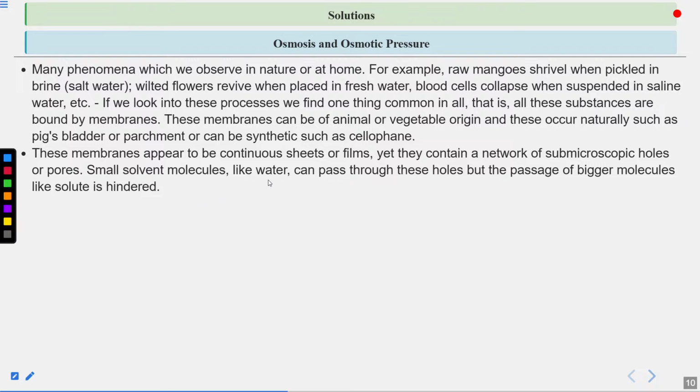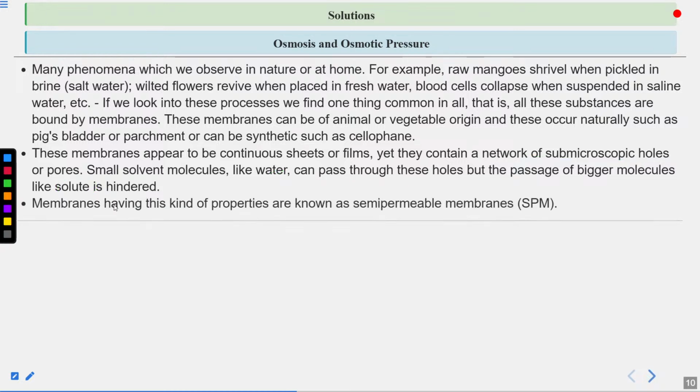Now, this membrane can be anything. You can think of it as a network of submicroscopic holes, which only allows the passage of the solvent molecules and not the bigger molecules like solute.